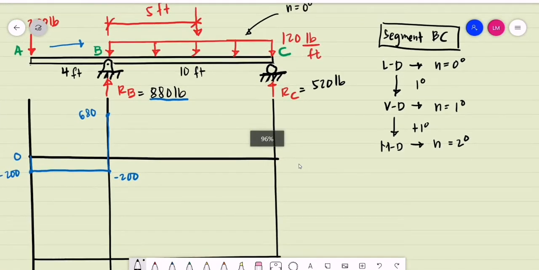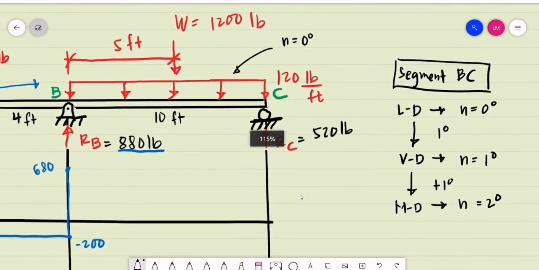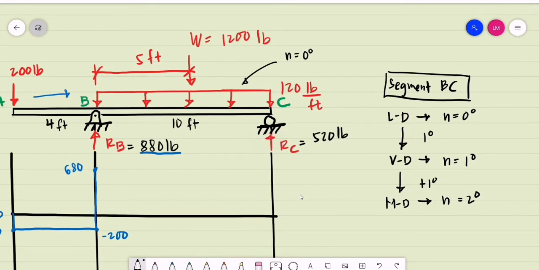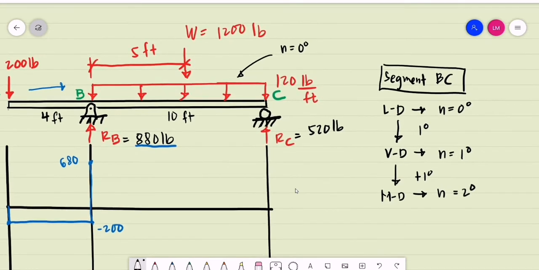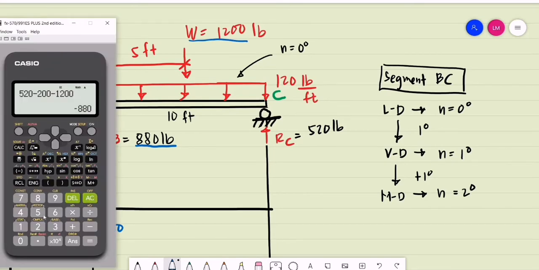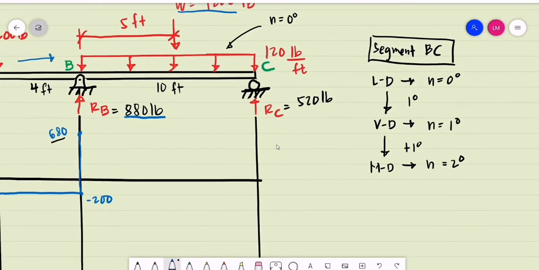So we are now performing, again, summation of forces to indicate the ordinates of the shear diagram. The last magnitude of the shear is 680. We have 680 minus the weight of the uniformly distributed load, 1,200. What will be that value? 680 minus 1,200 is equal to negative 520.